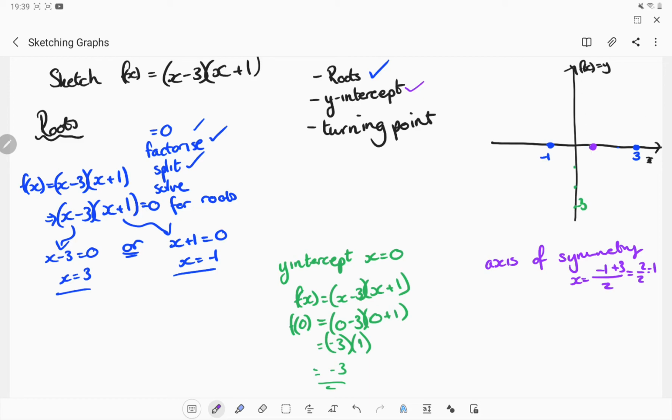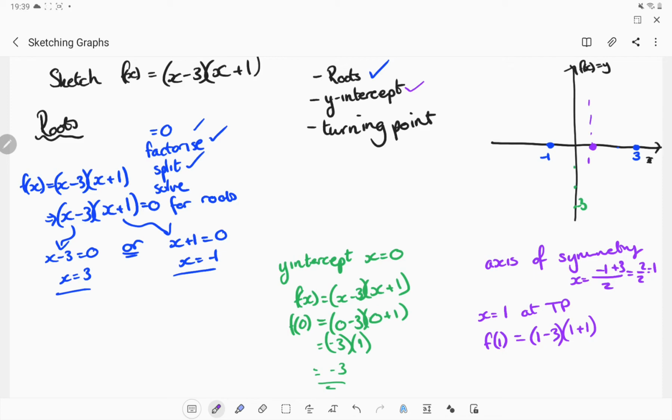We're going to use that because remember, your axis of symmetry is going to go through your turning point. So x equals 1 at the turning point. We sometimes write that TP. So f of 1 equals (1 take away 3) in a bracket, (1 plus 1) in a bracket.